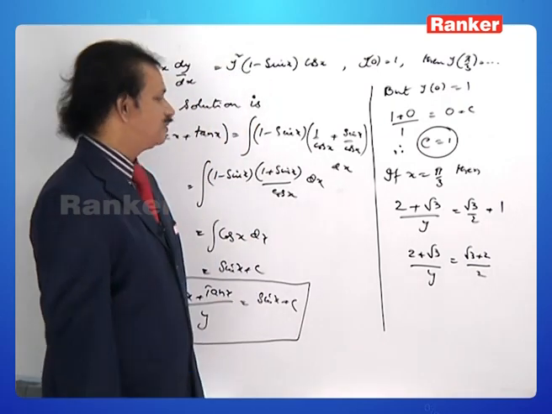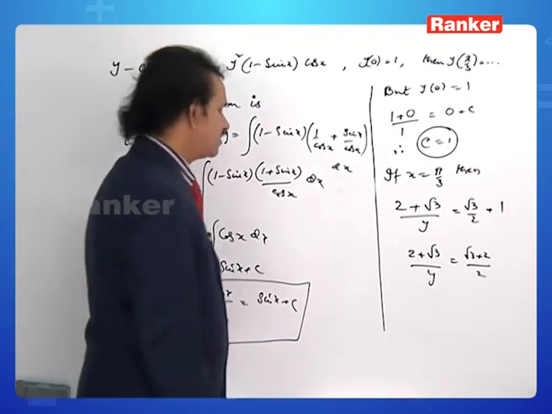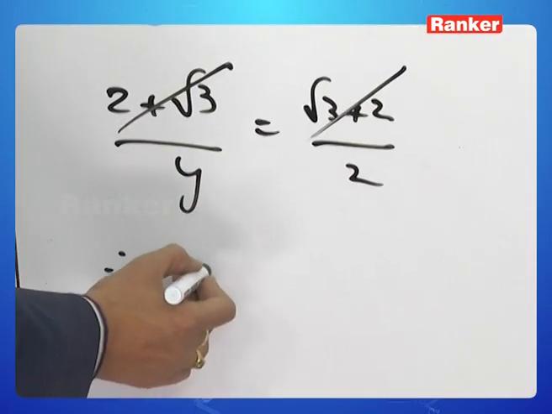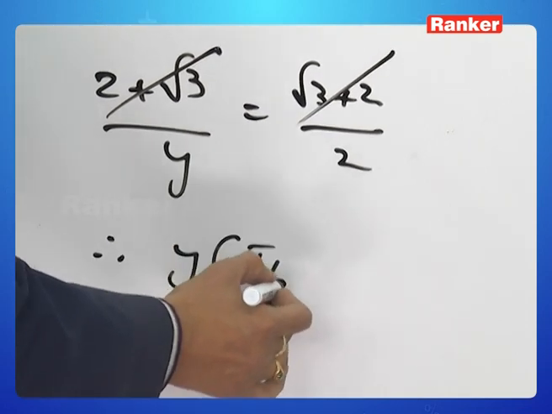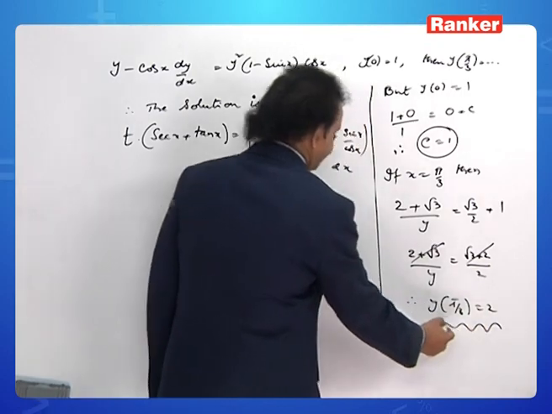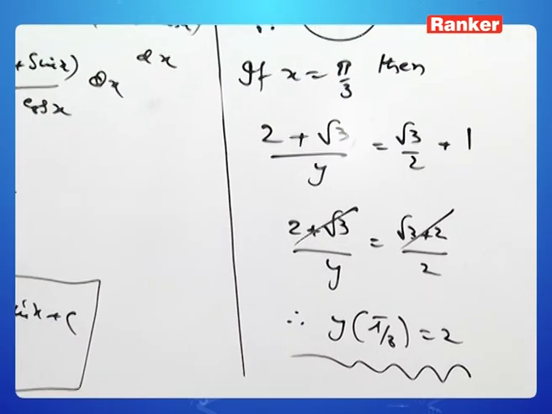You can cancel 2 plus root 3, which lies in the numerator on both sides, so that y is equal to 2, isn't it? Therefore, y at pi by 3 is equal to 2 is the right answer. This is a beautiful example of a Bernoulli's equation.